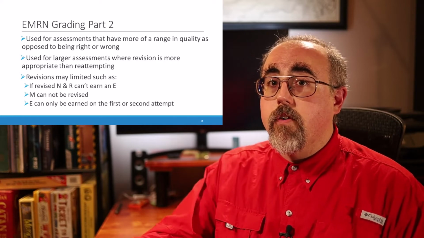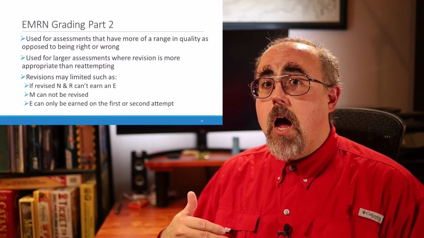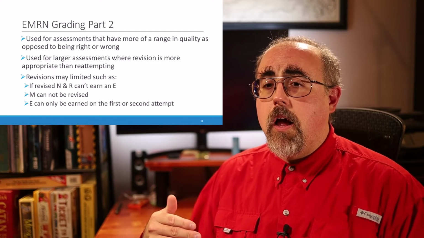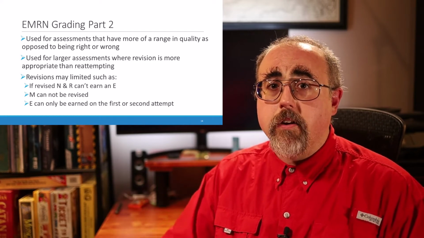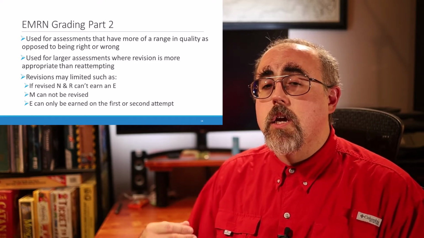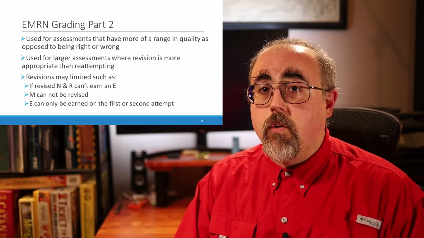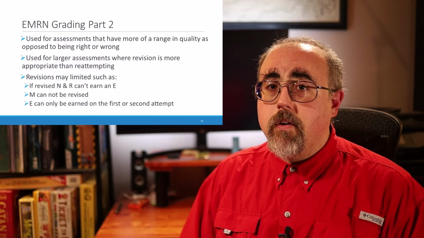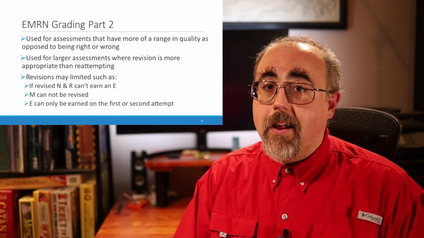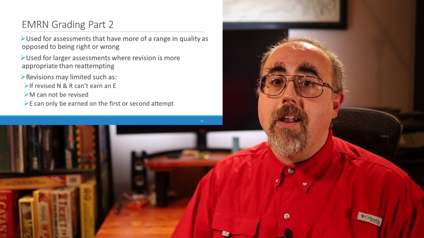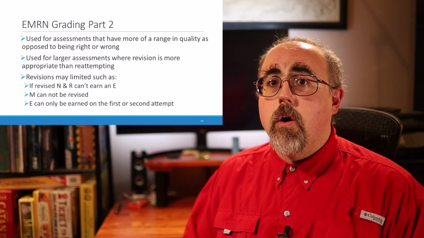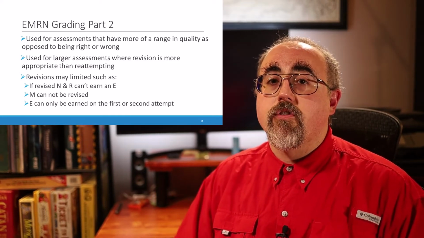So you either go for excellent or you go for M for mastery. So if you don't get E star or E, you're not getting 100%. You might want to say that, okay, you can revise a mastery to an excellent, but you can't revise a revision needed to an excellent. So you maybe only can jump up one notch.